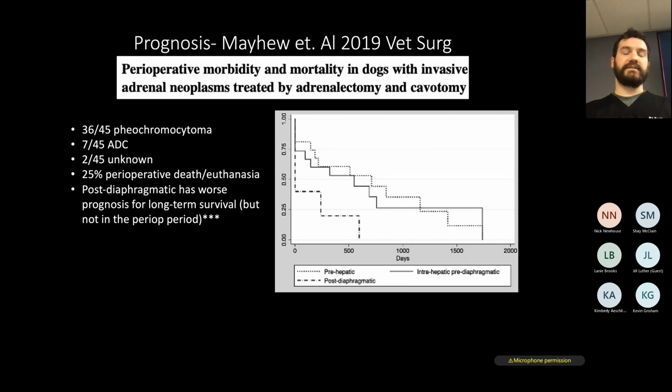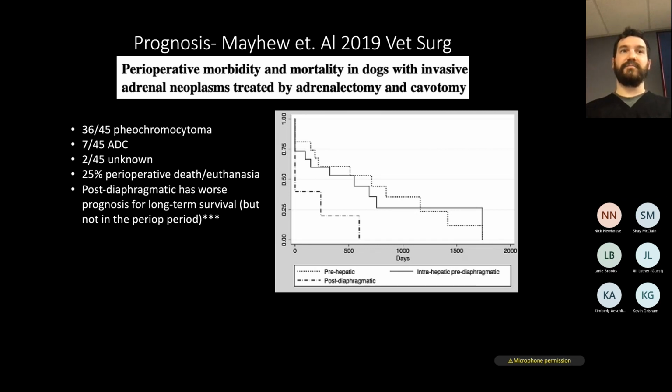Is it just going into, say, the phrenico-abdominal vein or the renal vein, versus is it prehepatic, intrahepatic, or all the way up through the diaphragm? The thrombi that were extending through the diaphragm had the worst prognosis for long-term survival.